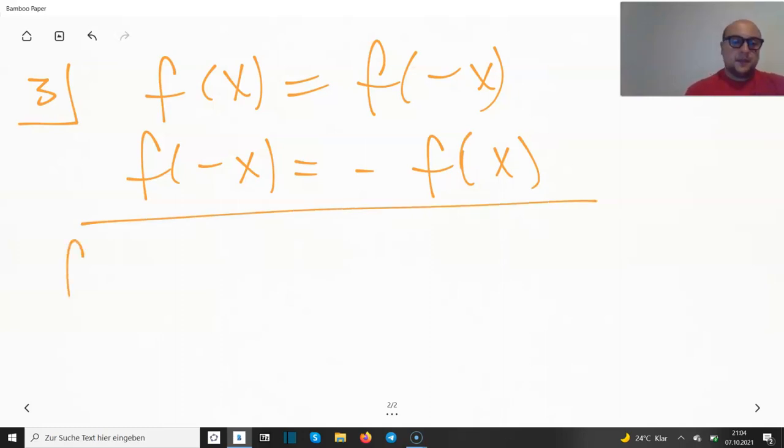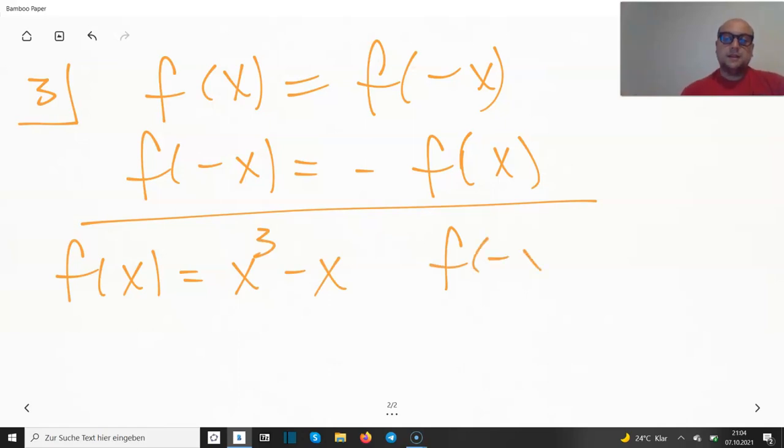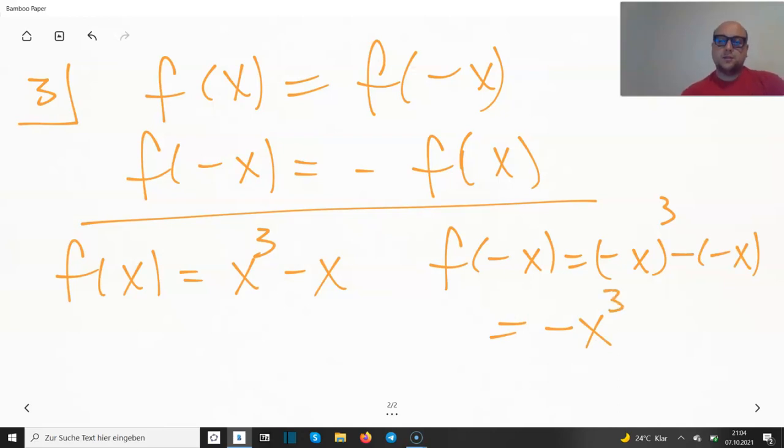Let us see. f of x equals x cubed minus x. If we just put minus x instead of x here, we're gonna have minus x cubed minus x. Then you have minus x cubed because of 3 times minus, and minus minus becomes plus.